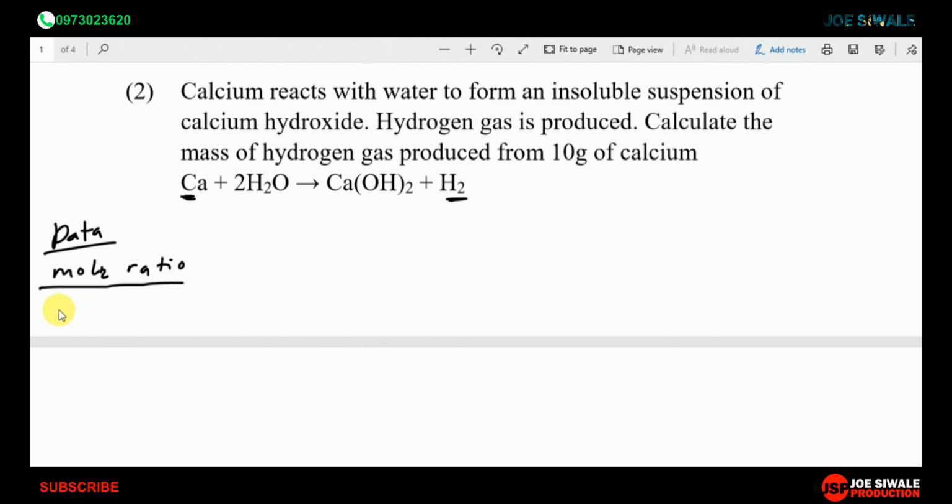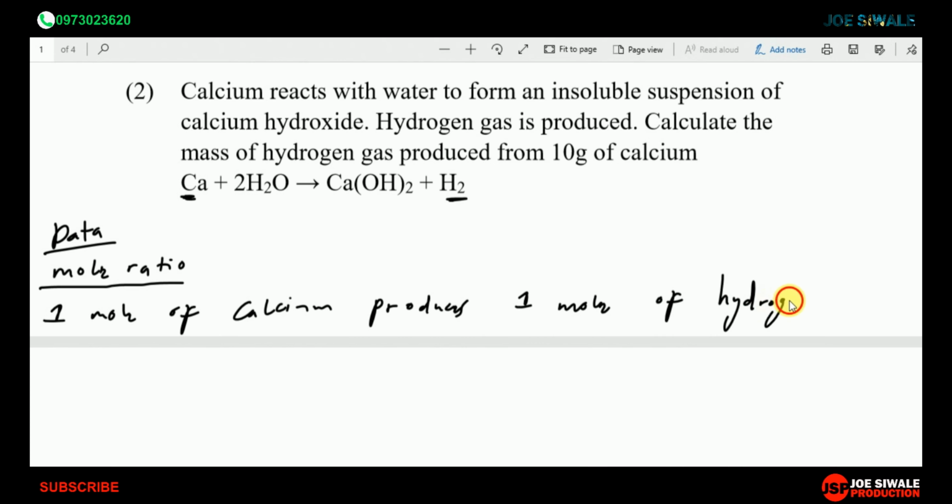So we have 1 mole of calcium produces 1 mole of hydrogen gas. So that's the first thing that we're going to do.